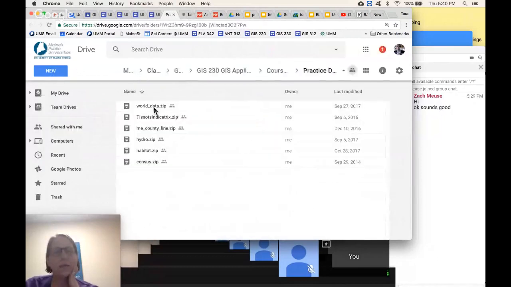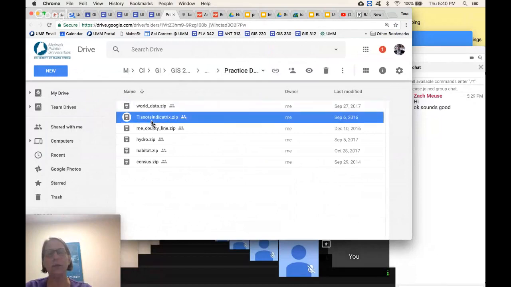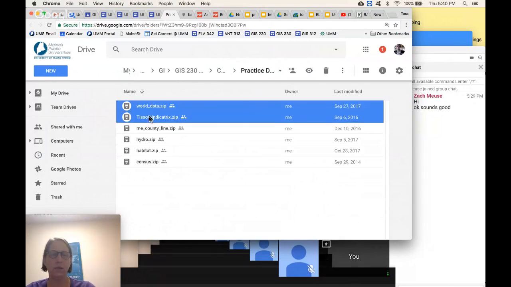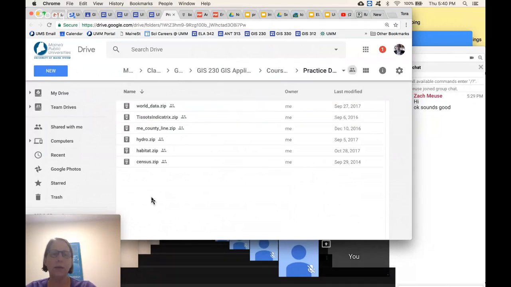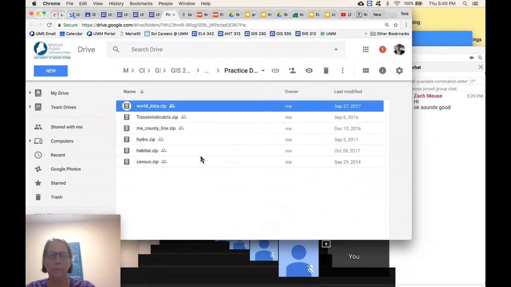And the two layers that you need are the world data and the Tissot indicatrix zip files. So you need these two things right there, world data and Tissot indicatrix. I'm going to go ahead and download those to my folder and get them going.